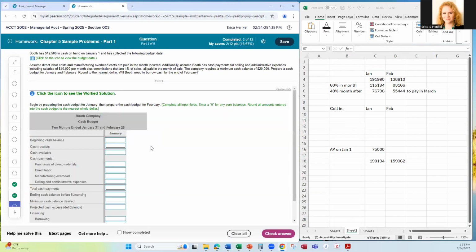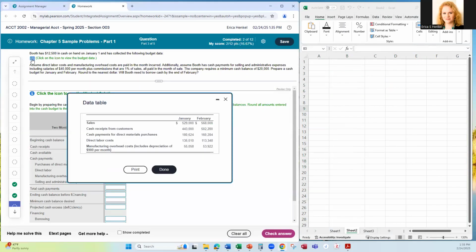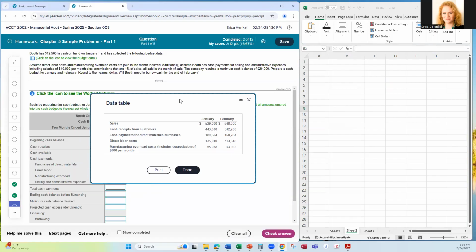All right, so that is our cash payments budget. Now we're going to combine these together and look at a combined cash budget for a company. We've got Booth Company here, and this is their budget data: sales, cash receipts from customers, cash payments for direct materials, direct labor costs, and manufacturing overhead costs.